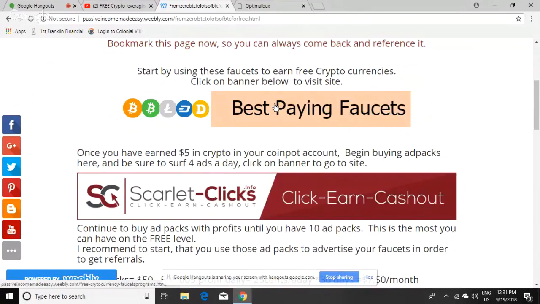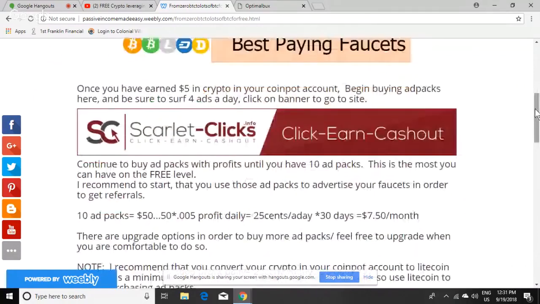What you want to do is work yourself up to the point where you can take out $5, give or take your transaction fees and whatnot, so you can start buying ad packs over at Scarlet Clicks. Because over there at Scarlet Clicks, they only cost $5 to buy an ad pack, and it just so happens that the minimum deposit is $5 in Litecoin.